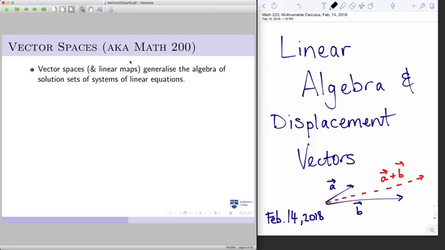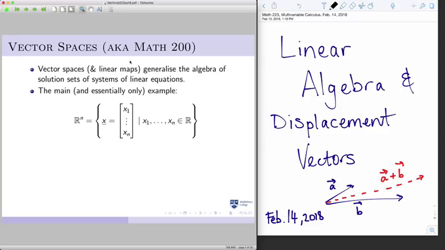Okay, so let's remind ourselves very quickly that vector spaces and linear maps are objects that we use to generalize the algebra of solution sets of systems of linear equations. The main and essentially only example is the vector space Rn.